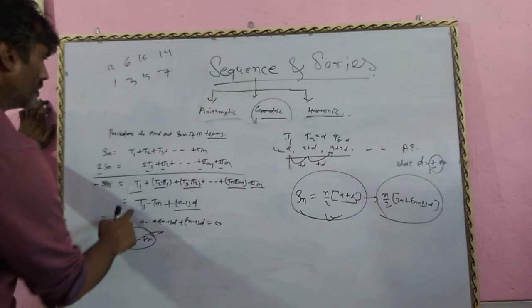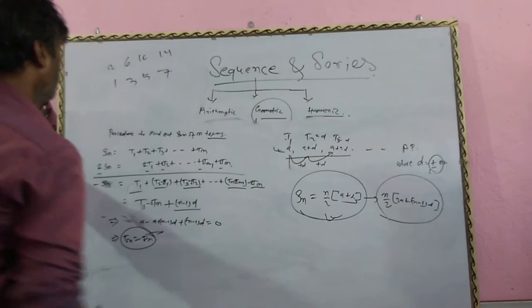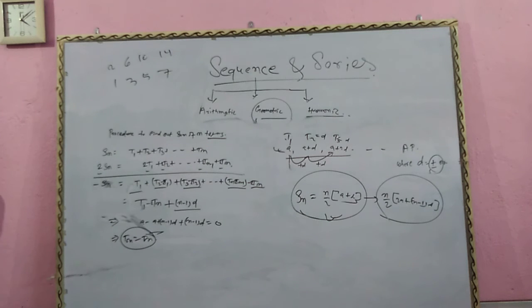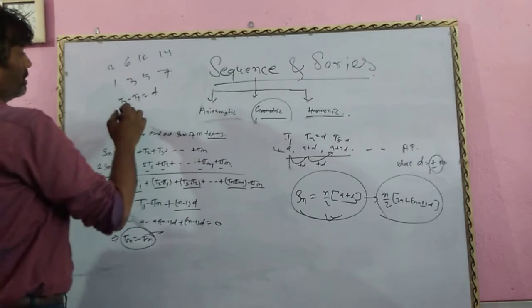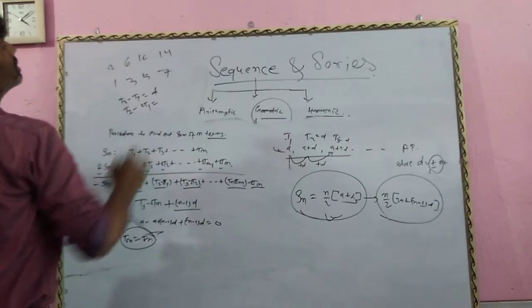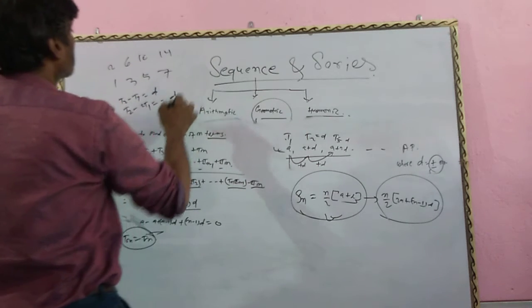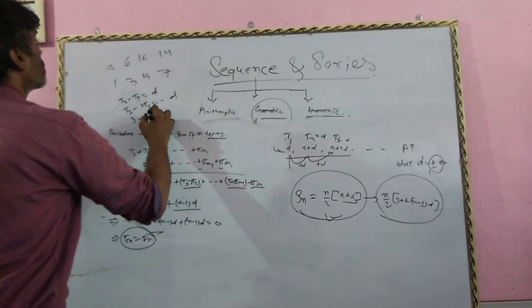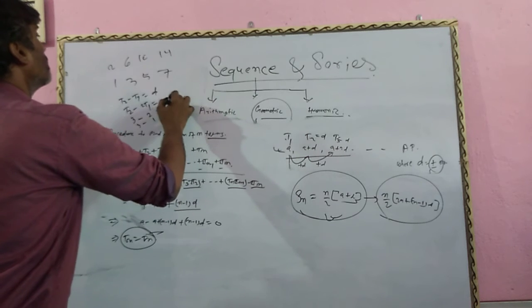Then T1 minus 2Tn plus this would come out to be, T2 minus T1 was d, so it will be d upon 2, isn't it?